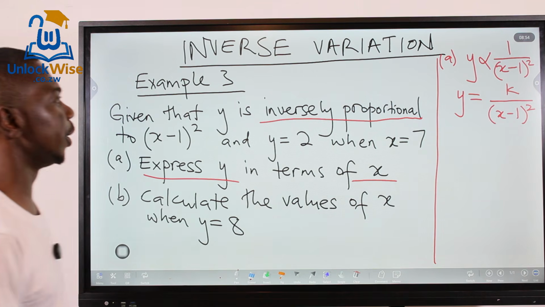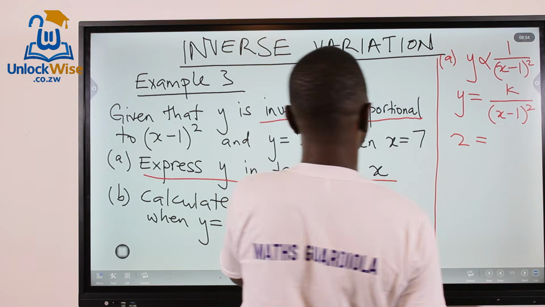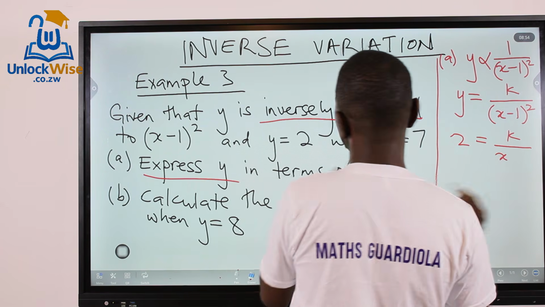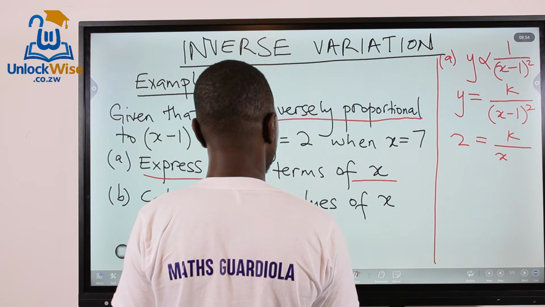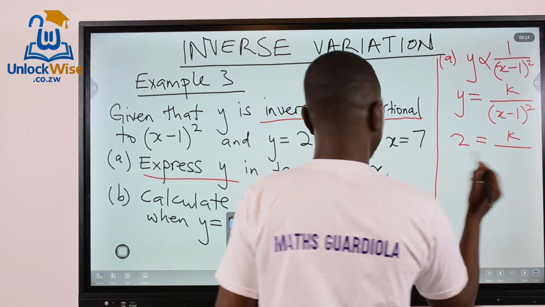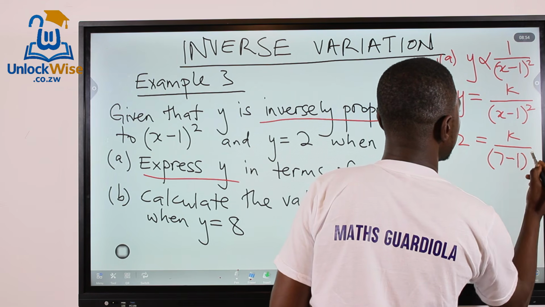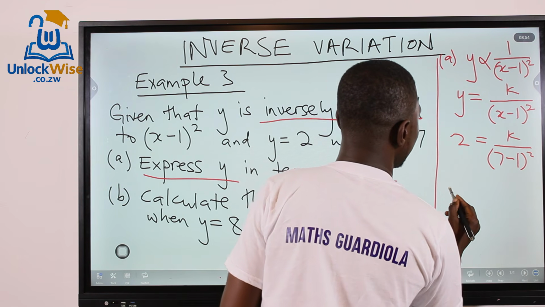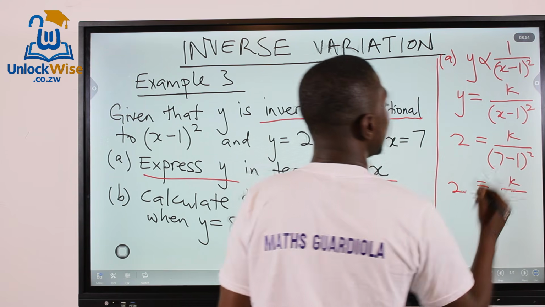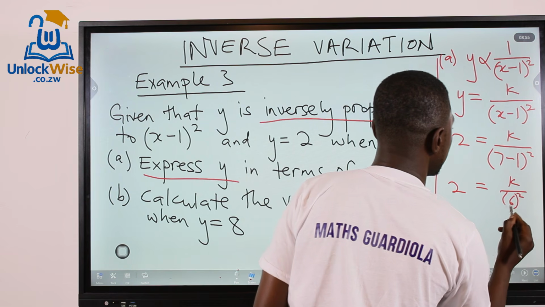So what we are going to do here is we are going to say y is equals to 2 and k over, what is our x? Our x is 7, so we are going to write 7 here. 7 minus 1, and this is squared. So we will have this as 2 is equals to k over, what is 7 minus 1? 6, and the 6 is being squared.